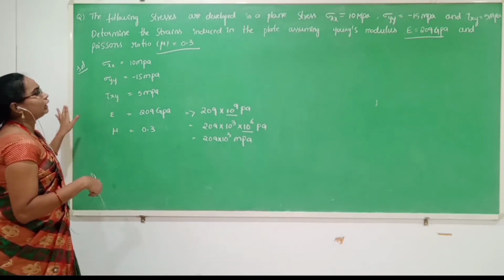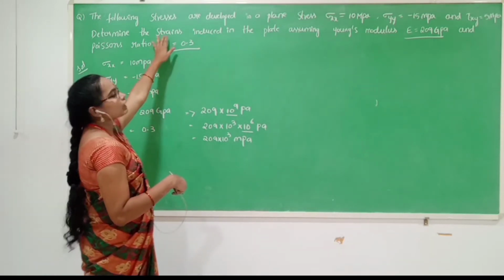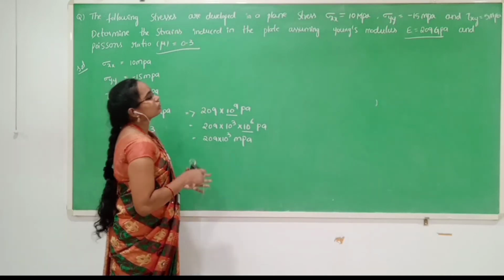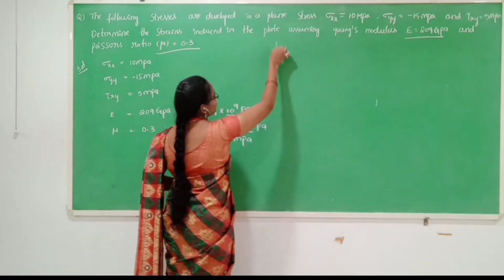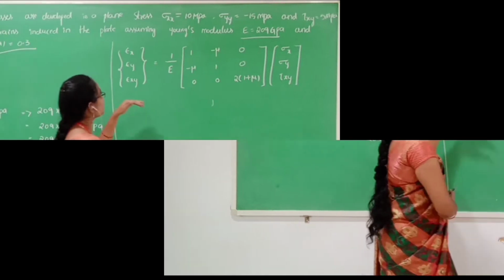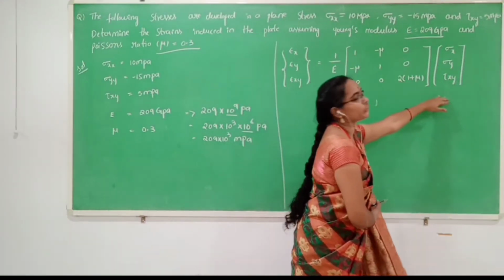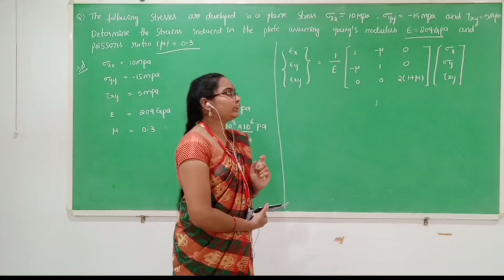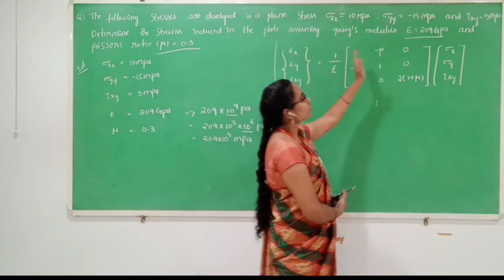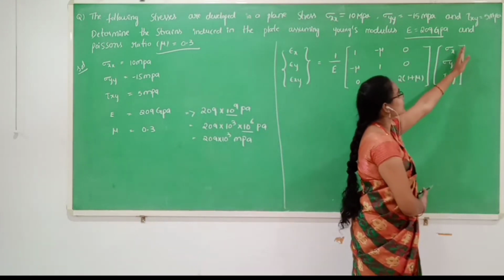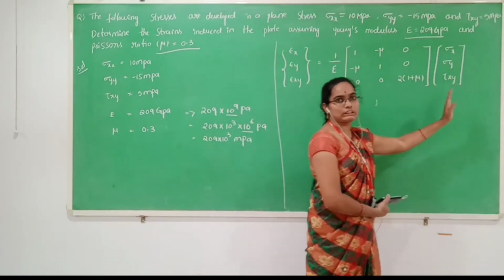So this is our given data, and to find the strains, this is the relationship used. This is the strain stress relationship for plane stress condition. Coming to our question, they gave stress values sigma x, sigma y and tau xy.